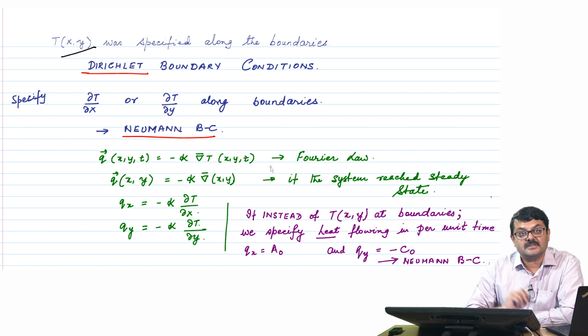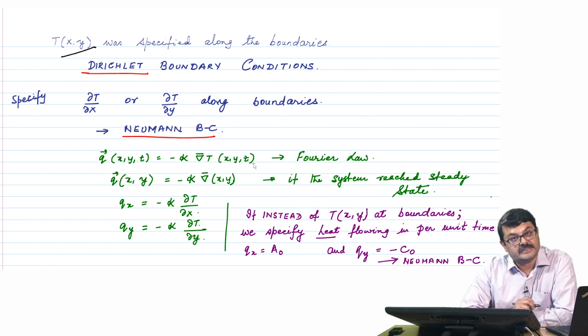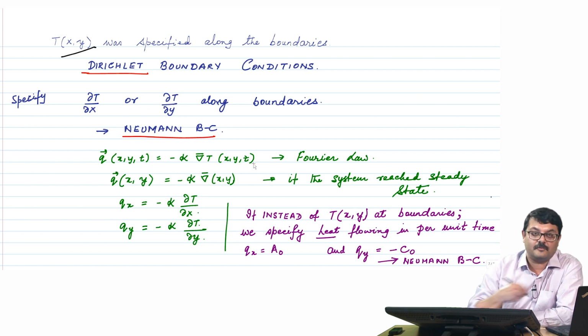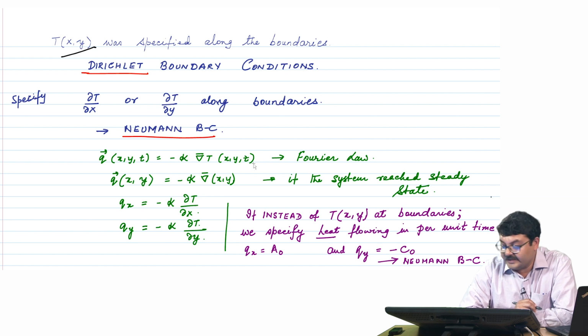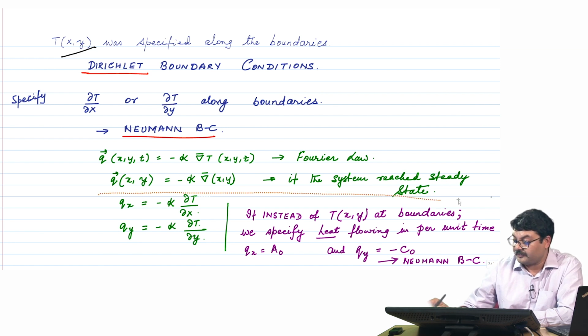The vector q was the heat current, proportional to kappa, the thermal conductivity, times the gradient of temperature. That is the so-called Fourier's law, from which we obtained the diffusion equation for heat transport in a plate.